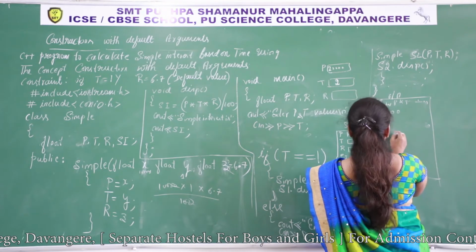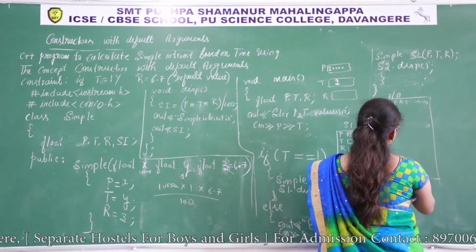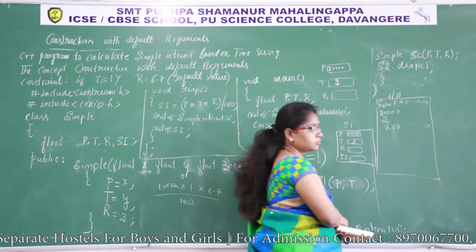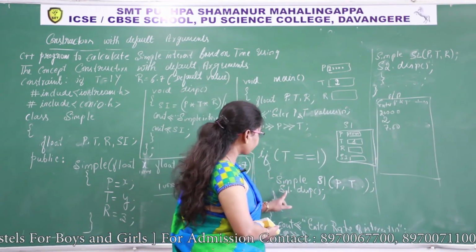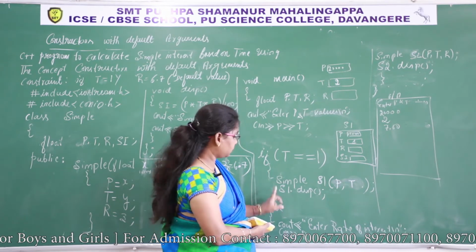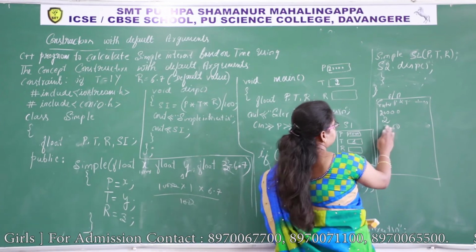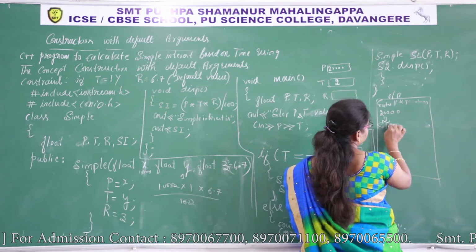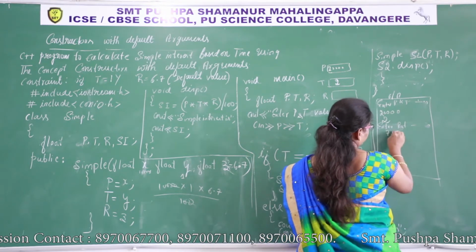Rate of interest, I'll take 7.0. So this part will be skipped, it goes to the else part, it asks enter rate of interest. I must write this statement, enter rate of interest, then 7.0.